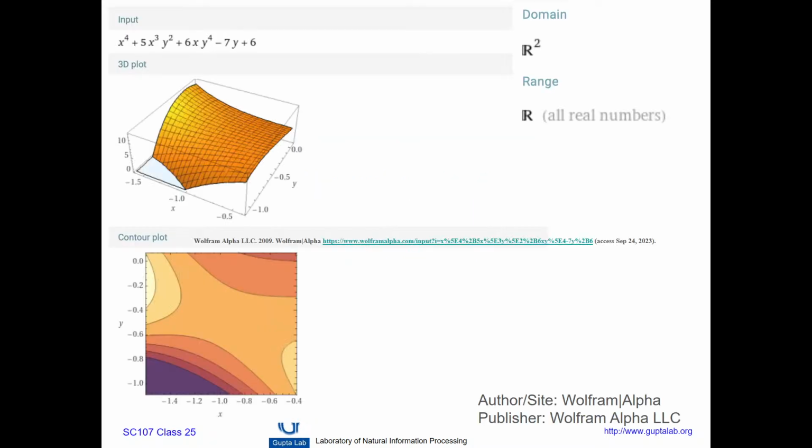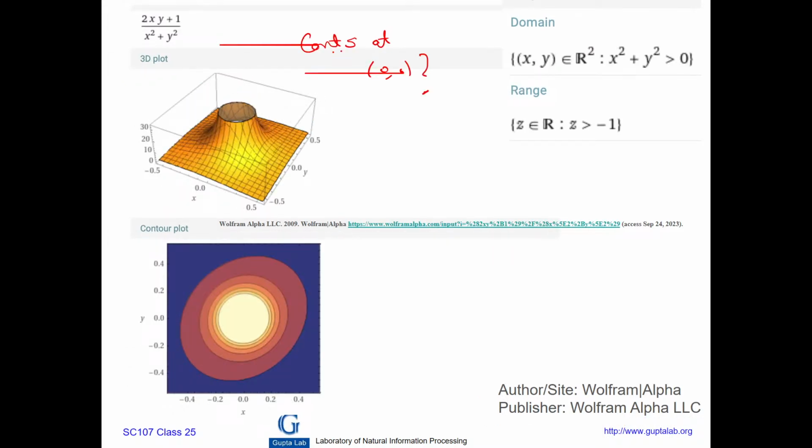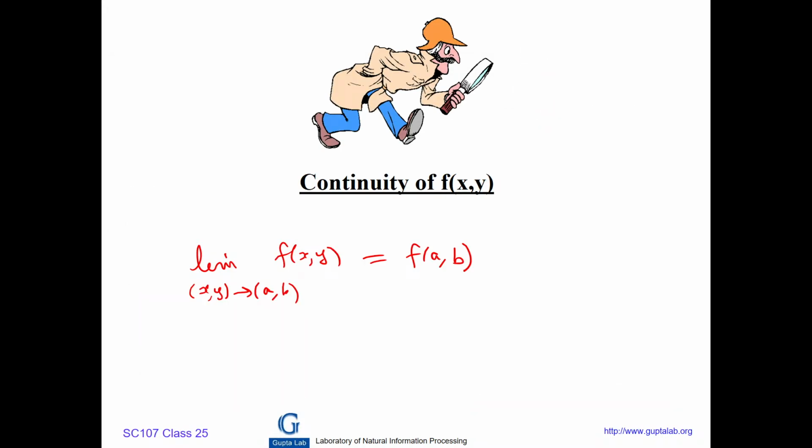These are some examples of functions which are continuous. A two variable polynomial is continuous anyway. Okay, so one can check whether this function is continuous at the origin or not. So basically if this limit does not exist, the function is discontinuous.